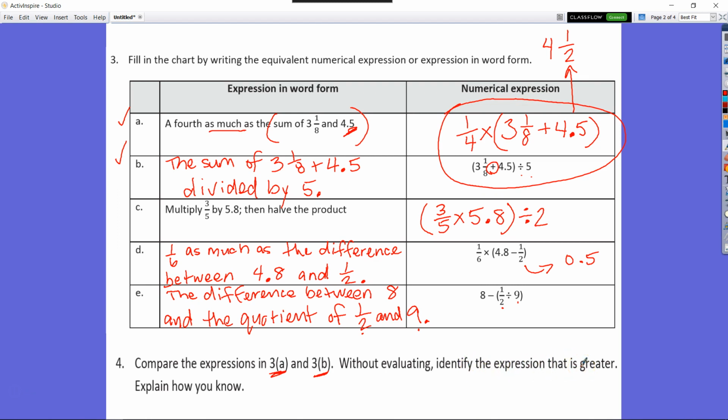So if we're looking at these two, we know that in both cases, this is multiplying, saying when you take your sum of these two numbers, you're going to multiply it by 1/4.